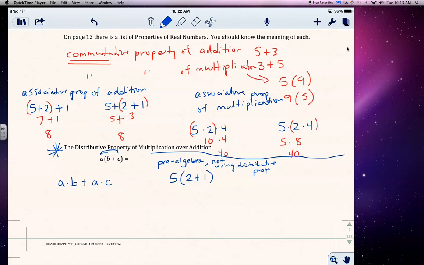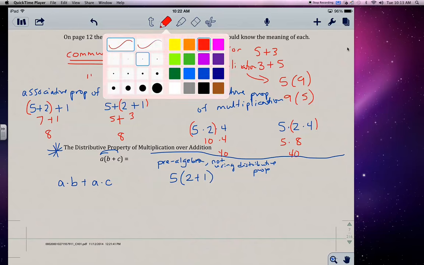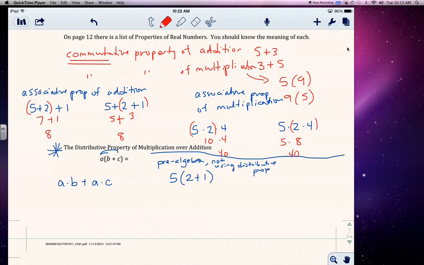If I were to do this problem back in pre-algebra, we would follow the order of operations, and say 2 plus 1 inside the parentheses goes first. I get 3, I drop down the 5, and then do multiplication next, and I get 15.